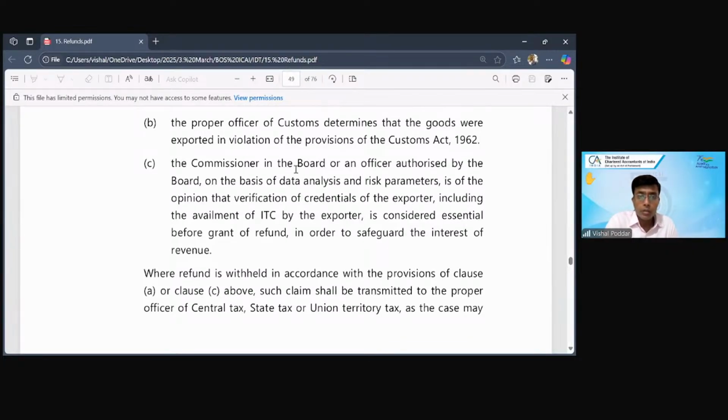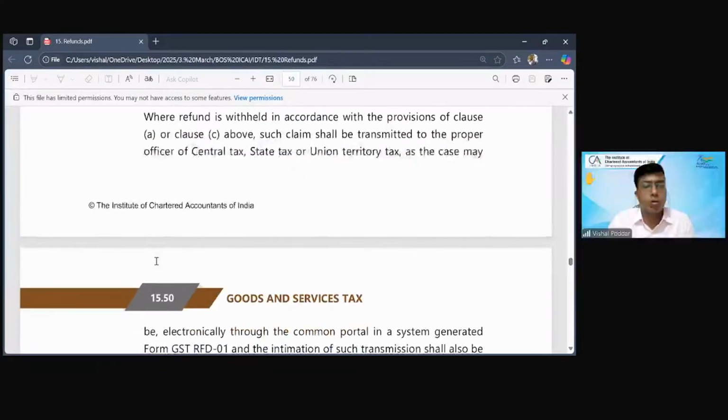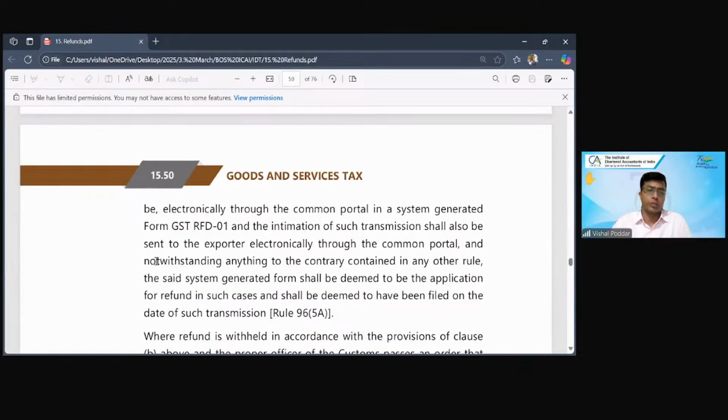Third, the Commissioner in the Board, or an officer authorized by the Board, on the basis of data analysis and risk parameters, is of the opinion that verification of your credentials, including your ITC, is required. In short, they are doubting you. We call this having been put in the risky exporter category. Once they put you in the risky exporter category, your refund will be withheld and you will not be allowed the refund automatically, which otherwise is the case under this option.